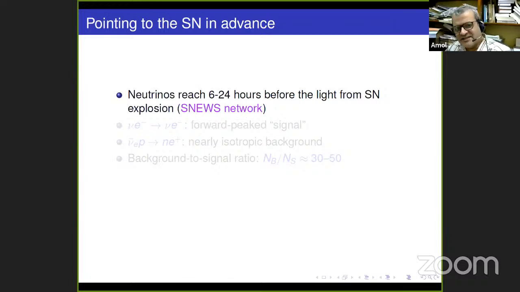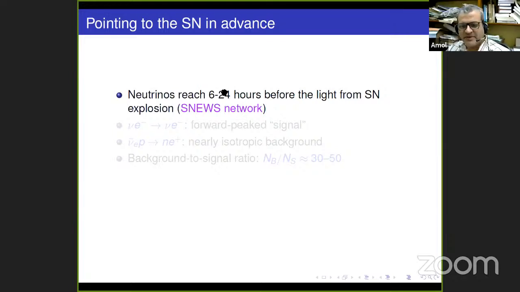Okay, but what this tells us is that if we find neutrinos coming here, let's say today at 6 o'clock, it means that we know that a supernova will explode and can be seen in light in the sky sometime in the next 6 to 24 hours. Okay? You don't want to miss that, because it is a supernova in our galaxy. So, of course, you would want to inform everybody.